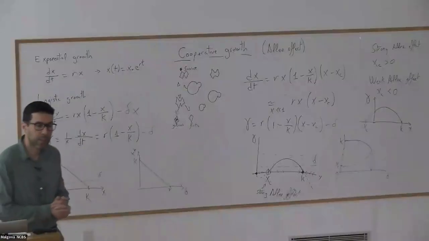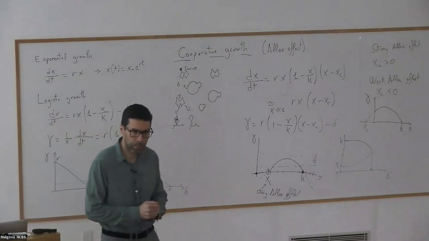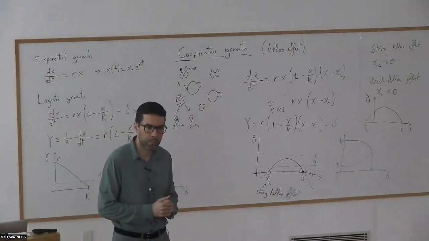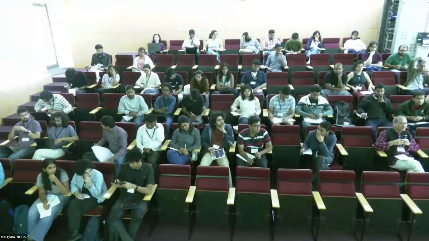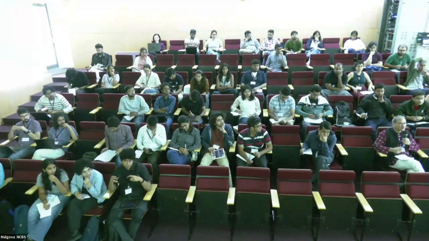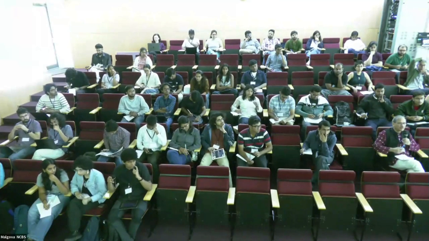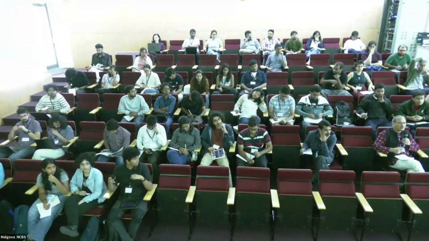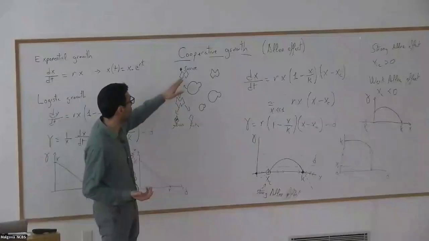Another question. Yes. The mechanism for the weak Allee effect. In these cases, is it the one that you mentioned? The collective excretion of enzyme to break down a nutrient? So yes, and this could depend, for example, on the initial concentration of sucrose.